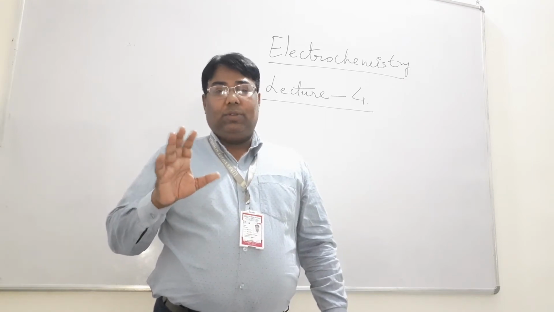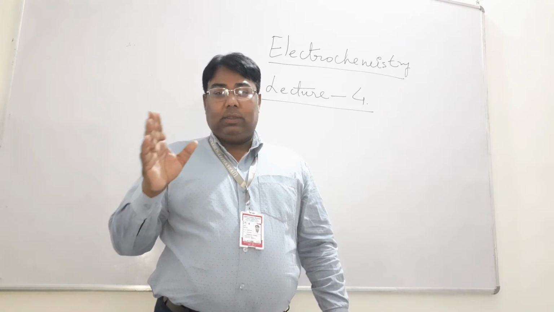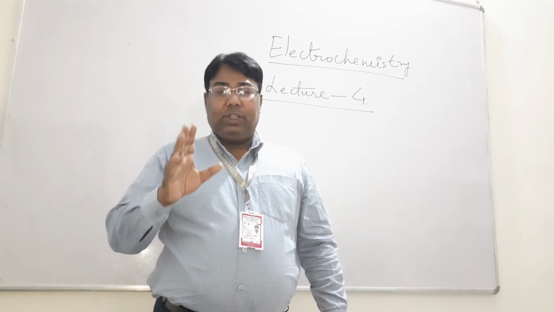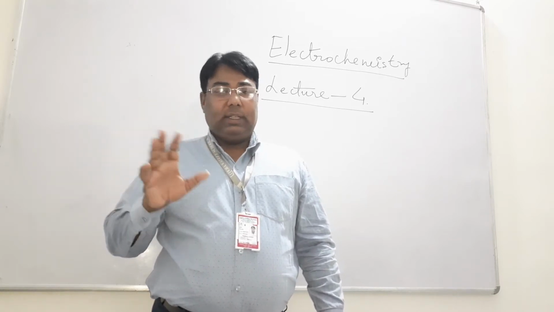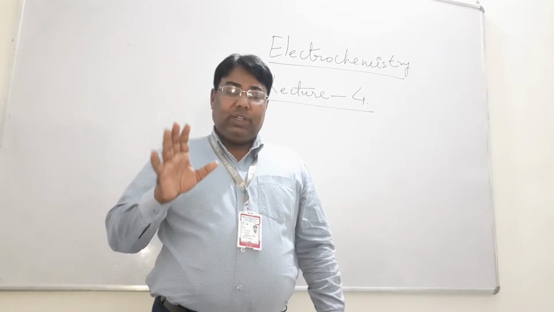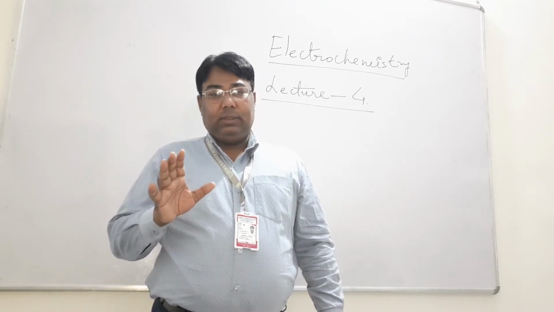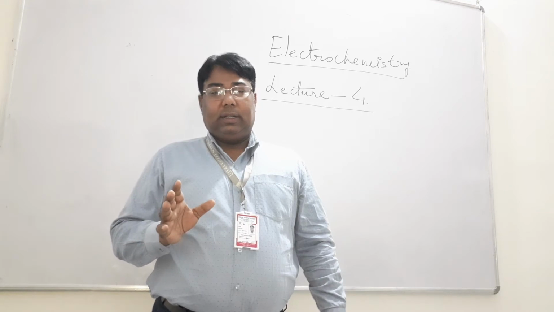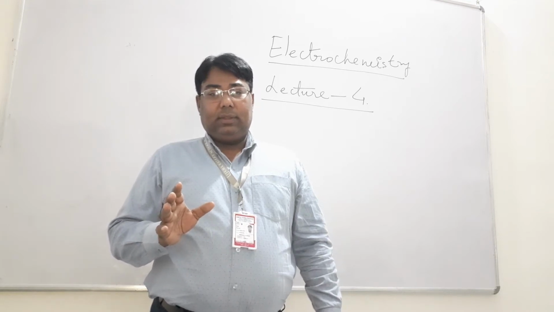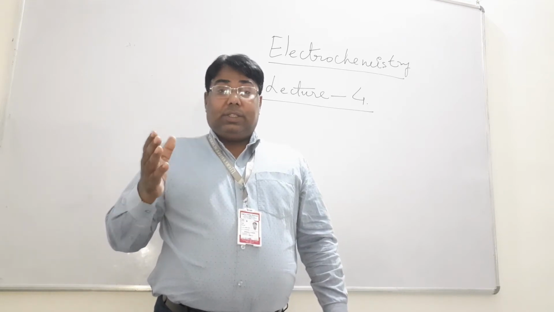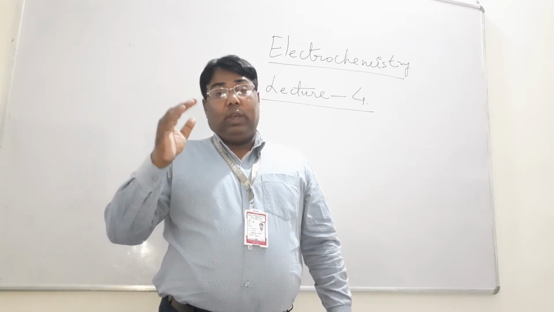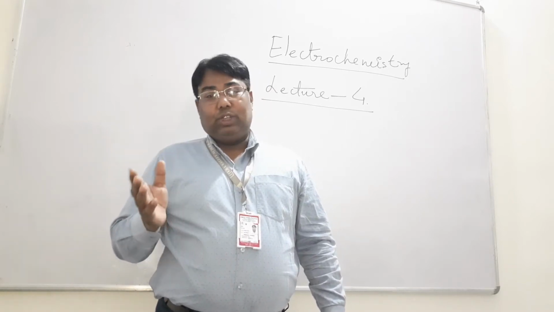The important role of the salt bridge is that it helps to exchange the ions between the two half cells, maintain electrical neutrality, and also complete the electrical circuit. Understand? Next, it also helps to prevent liquid-liquid junction potential.